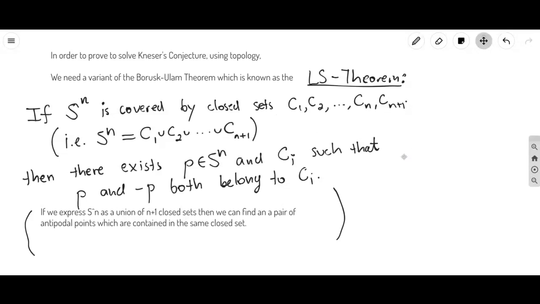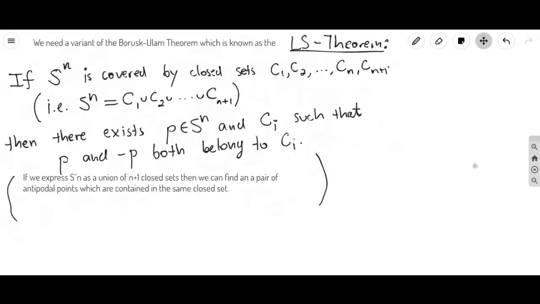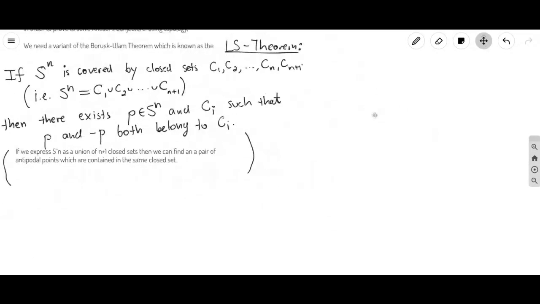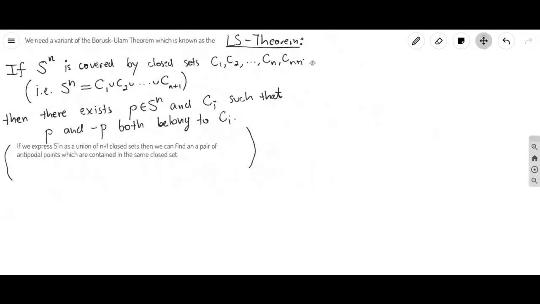So let's give a proof of this. It's actually a very short proof. And if you're interested, you can look in the book that I showed you, which shows all different variants of the Borsuk-Ulam theorem, which are used throughout the book. But this is the Borsuk-Ulam theorem that we discussed.